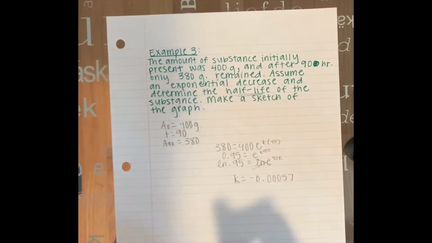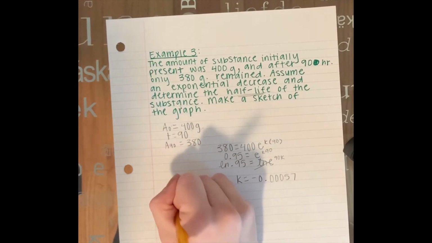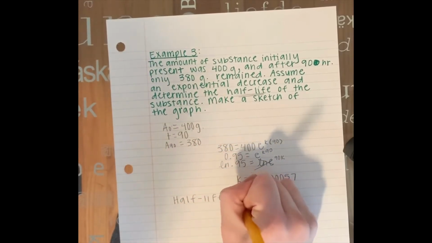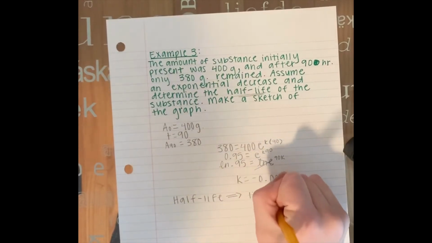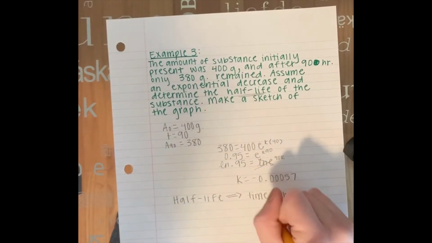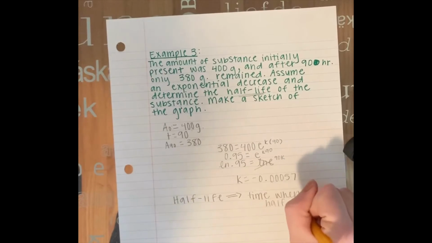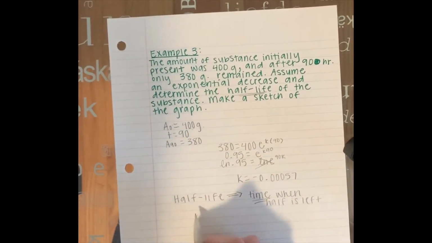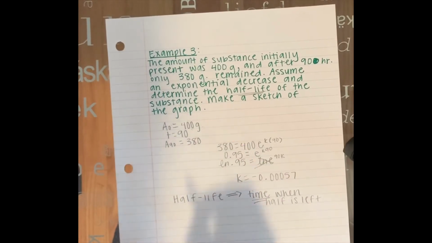So now we want to see what the problem wants. Determine the half-life of the substance. When you're determining half-life, it's the time when there's half left. So we'll still have the same A0.